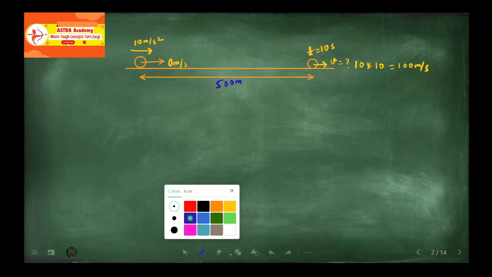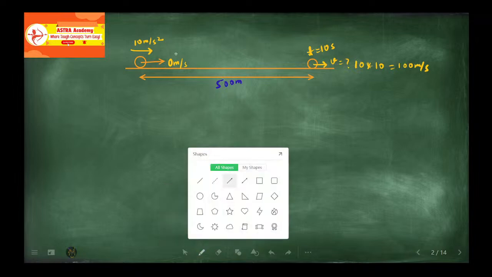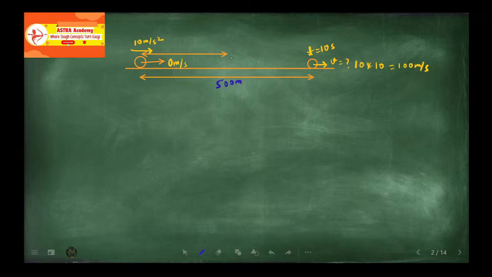Now listen carefully. If somebody asks us what is the distance between the initial position of the ball and the final position of the ball if we consider 3 seconds, then can you tell me the answer?